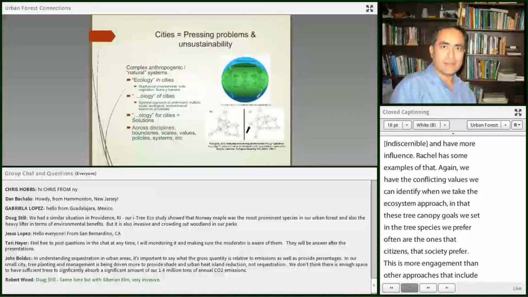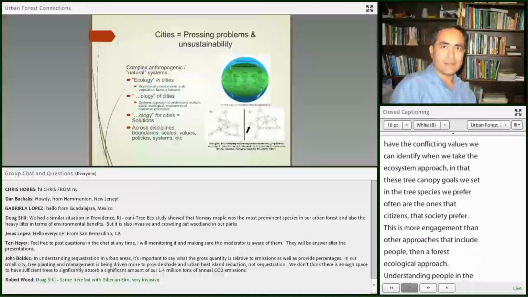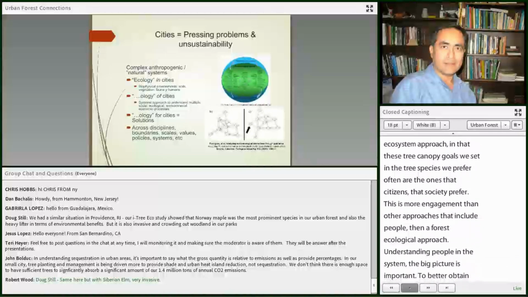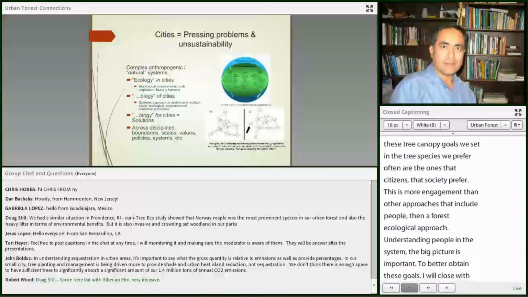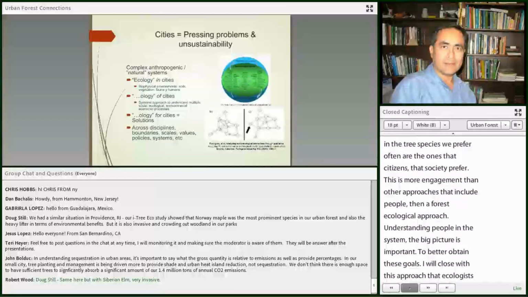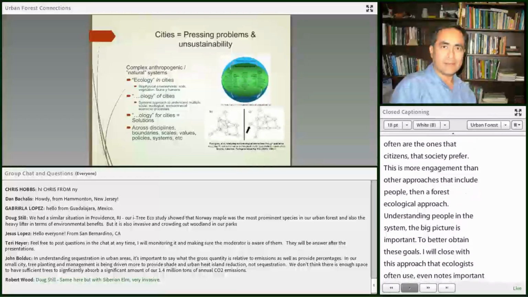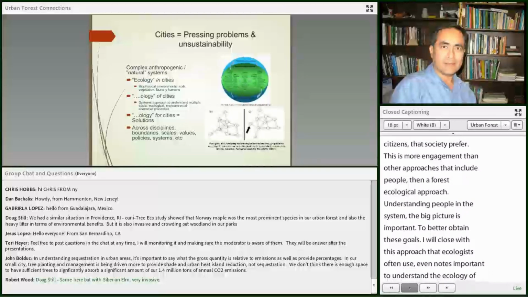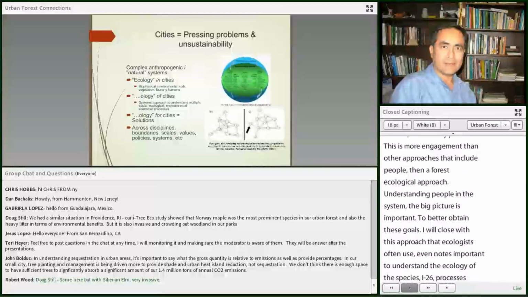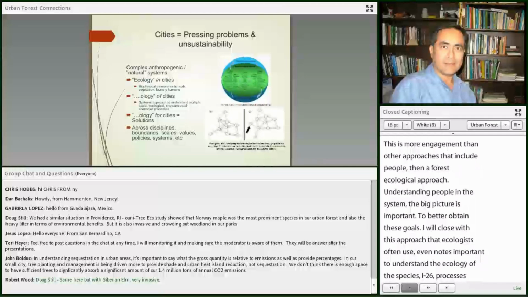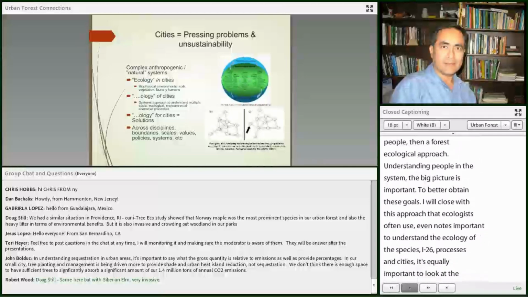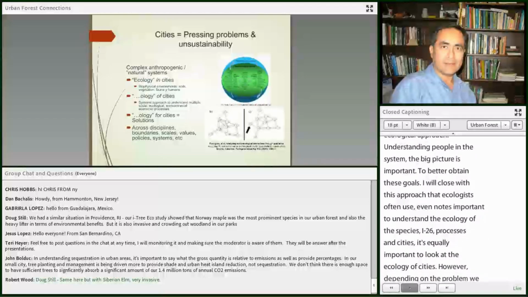And I'll close with this approach that ecologists often use, that even though it's important to understand the ecology of specific species, characteristics, processes in cities, it's equally important to look at the ecology of cities. However, as we've seen, depending on the problem, we often need to go beyond ecology and include other disciplines, right?